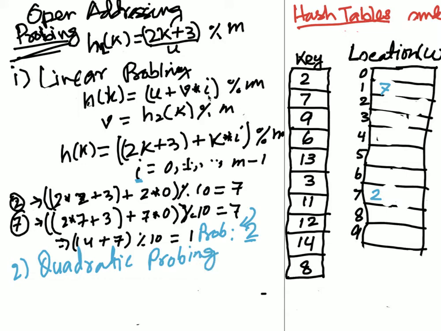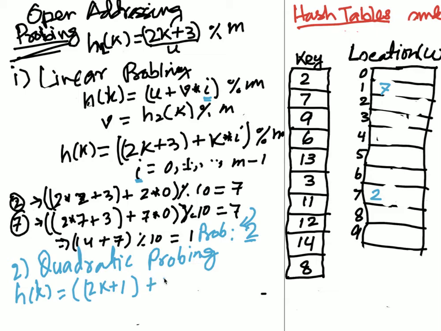In linear probing we are using i in a very simple format, but in quadratic probing you will be using i in a different method. For instance, you can use a quadratic function like 2k plus 1 or 2. You can use any hash function you find comfortable with.